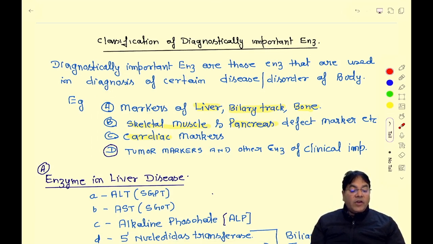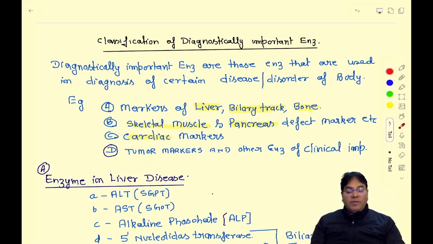Certain diagnostically important serum enzymes are markers of liver disease, biliary disease, bone disease, etc. Certain others are markers of skeletal muscle and pancreas defects, etc. Some other enzymes are markers of heart attack, known as cardiac markers. And certain others are regarded as tumor markers and other enzymes of specific clinical importance.